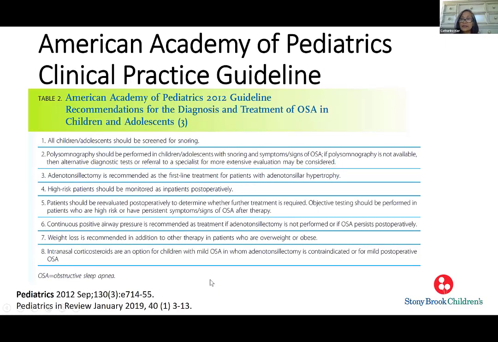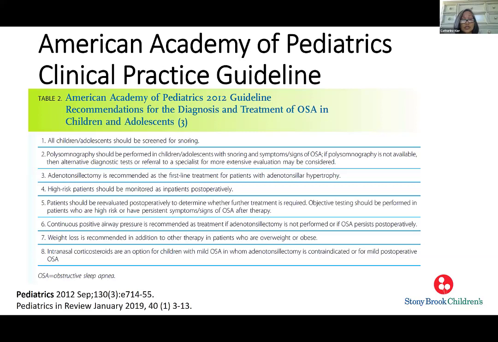So we know that the American Academy of Pediatrics established a clinical practice guideline that would help primary pediatricians. And this was published in Pediatrics in 2012. Carol Marcus is the lead in this endeavor. And the Pediatrics in Review article last year actually tabulated it.